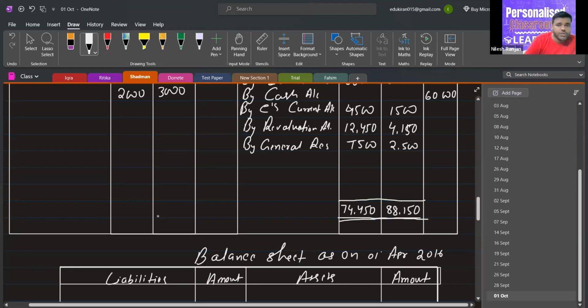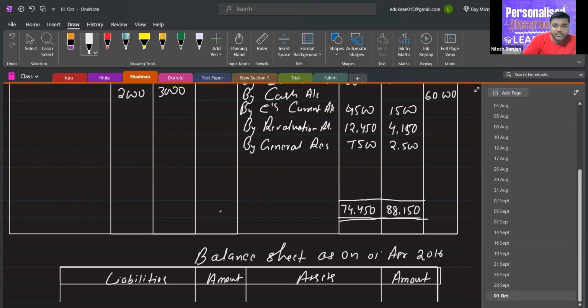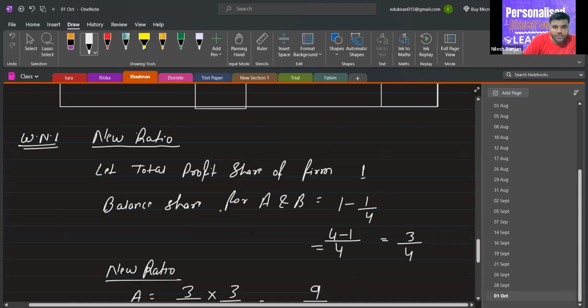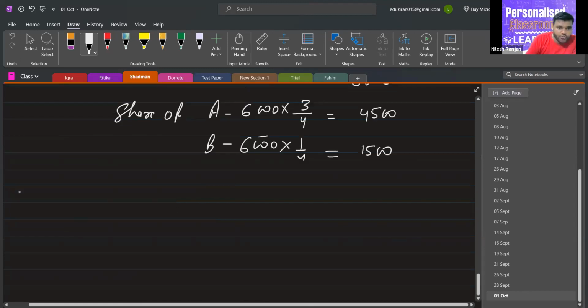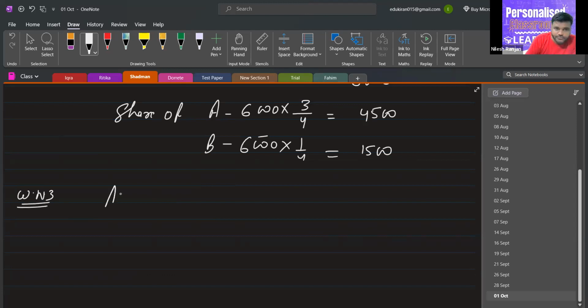So we will deduct this 2,000 from this amount and this 3,000 from this amount and write the balance in working note number 3, adjusted capital of A and B. Understood? Yes, sir.